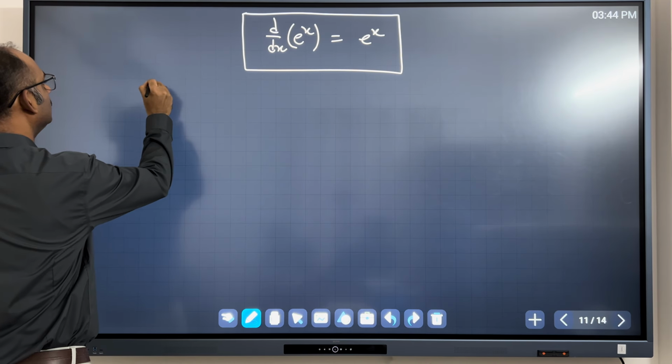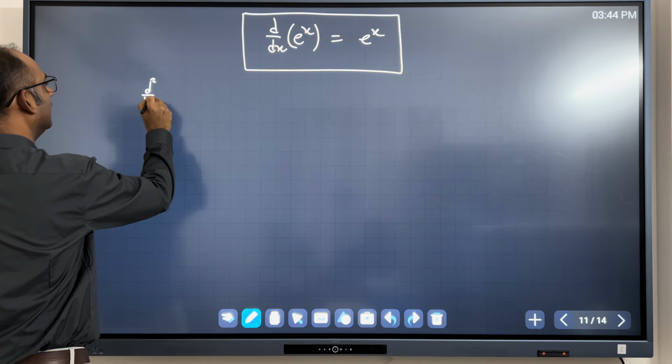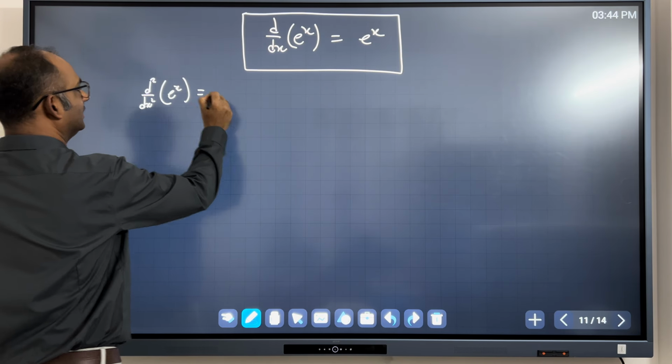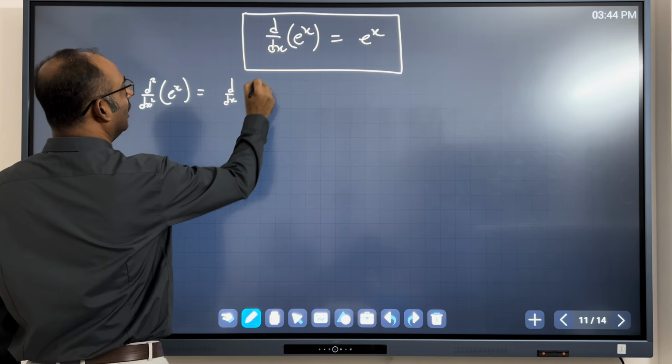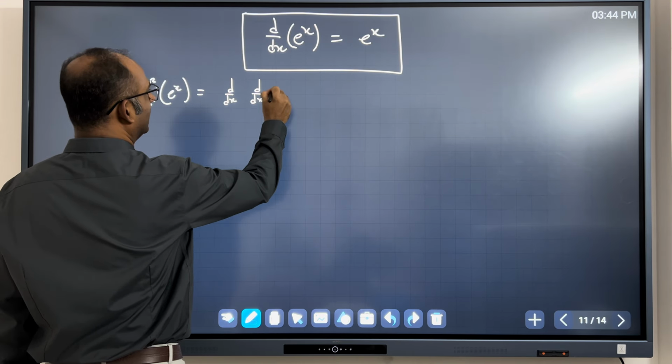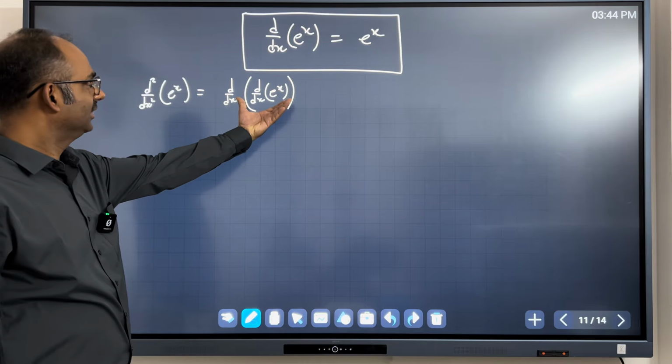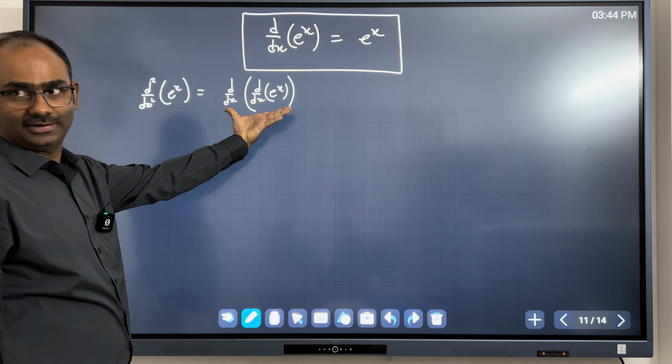How about d2 over dx square of e to the x? Well, that's d over dx of d over dx of e to the x. That's the first derivative. This is the second derivative.